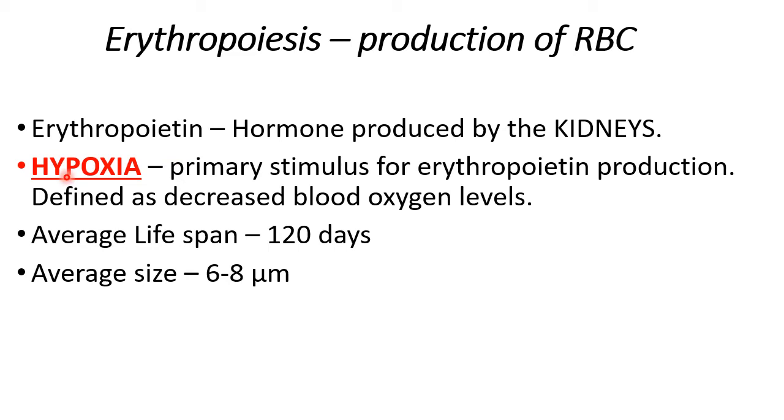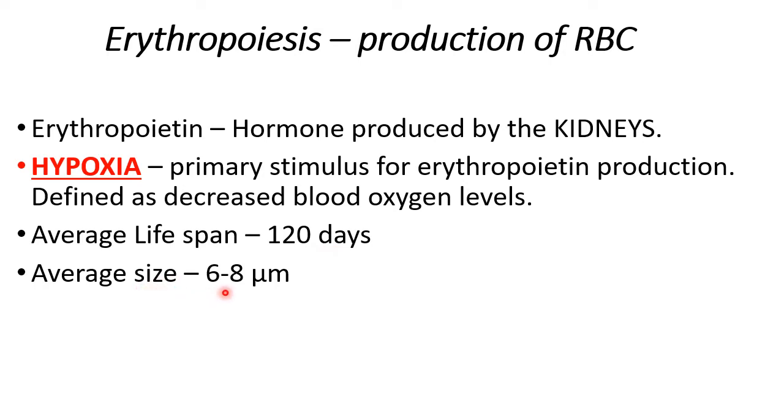Ano bang ibig sabihin ng hypoxia? Kapag ang tissue mo na-detect na meron siyang decreased levels of oxygen, okay, magsasend yan ng signal to the kidney to produce erythropoietin and then pupunta yan sa bone marrow to produce eventually RBC cells. Anyway, average lifespan, syempre, alam nyo na yan, 120 days.